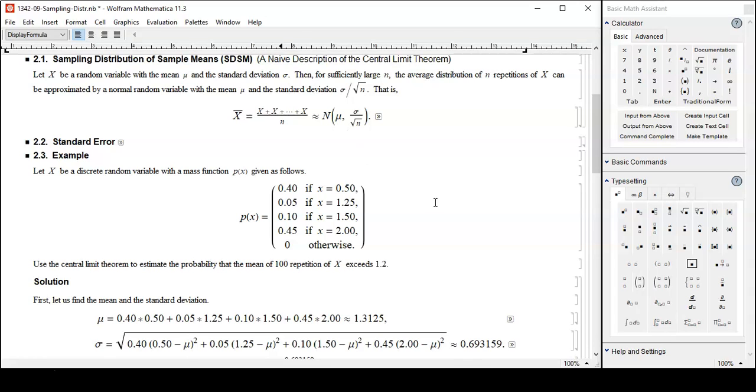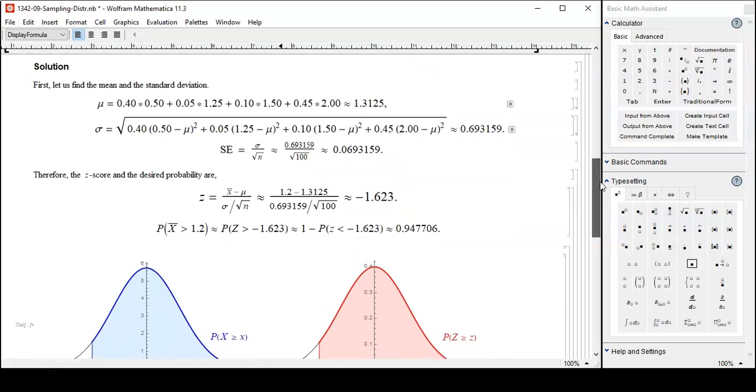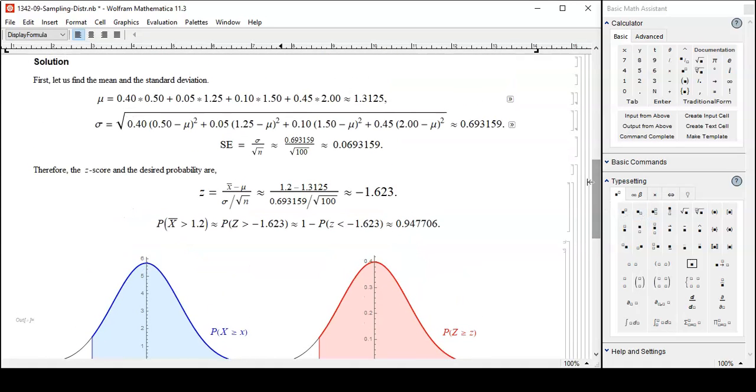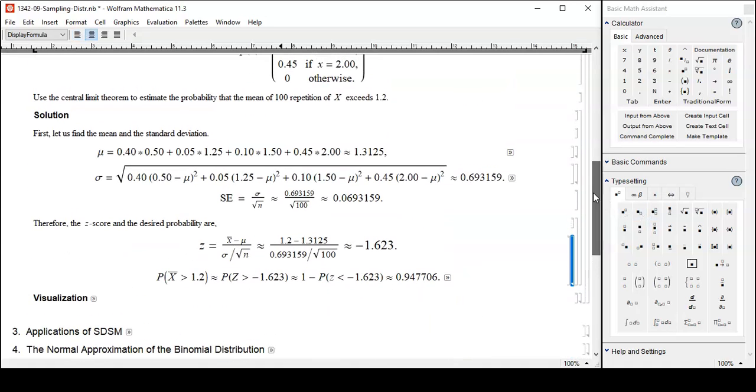Because you see, end minus center over SE, so 1.2 is the end, the center we'll have to calculate from here, and then SE, sigma over square root of n, again you have to calculate from here. After calculating all those, we can apply this z-curve picture and then the z-table. So this is a multi-step problem, pretty deep.